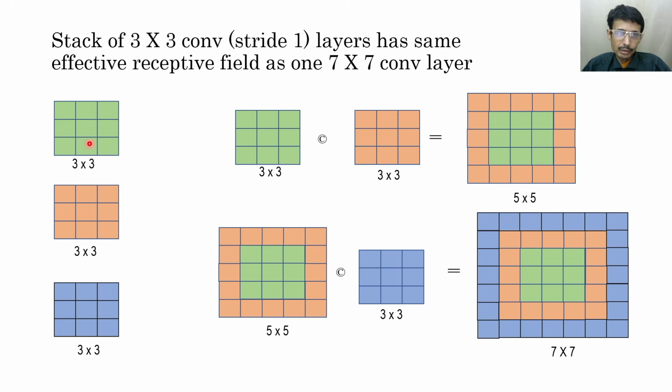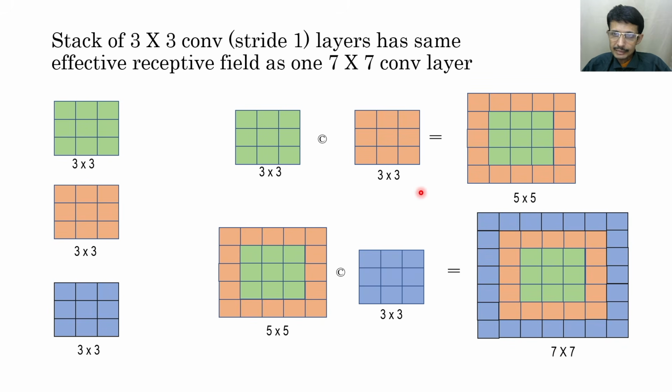First we convolve with this convolution. As per our previous understanding of padding, we get a 5x5 convolution layer. If this is the 5x5, again we convolve with another 3x3, then it's basically a 7x7 convolution.